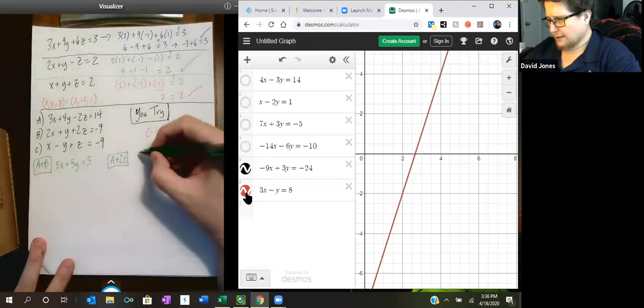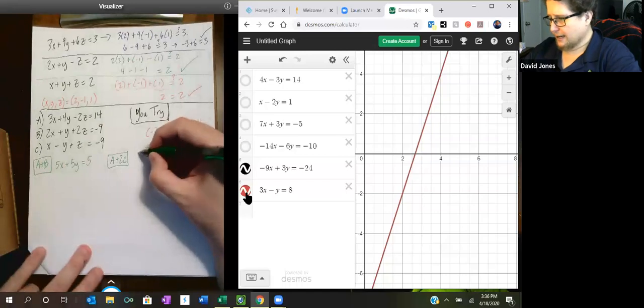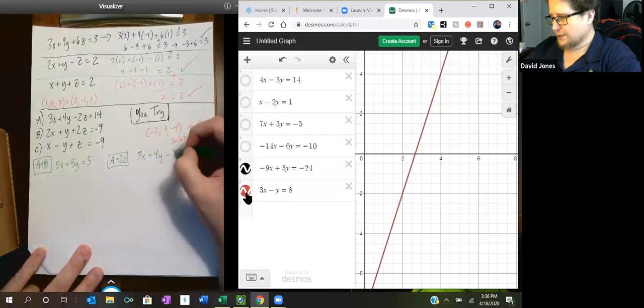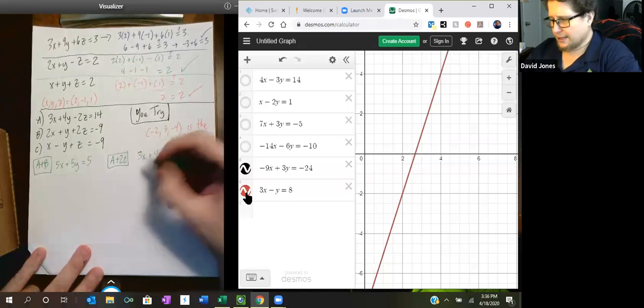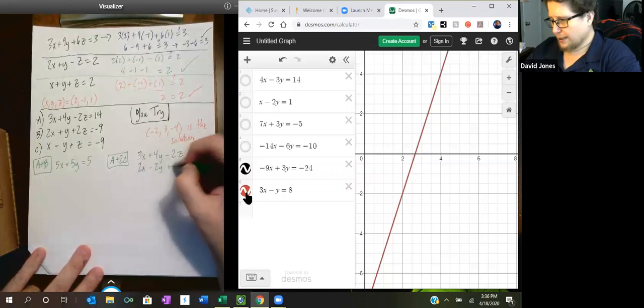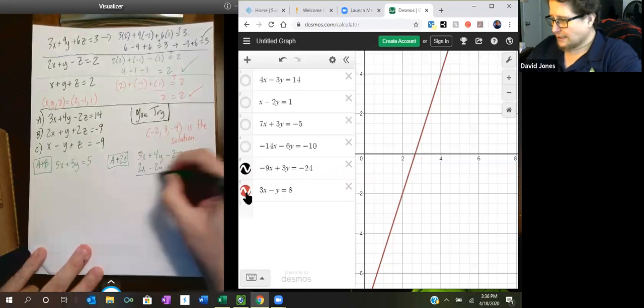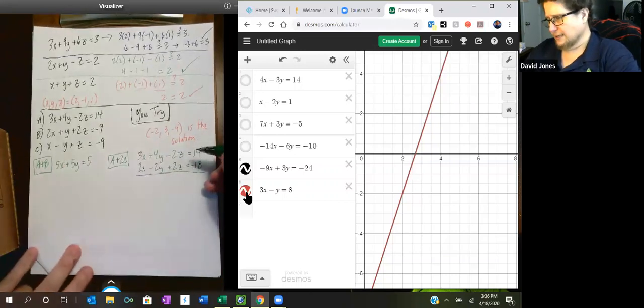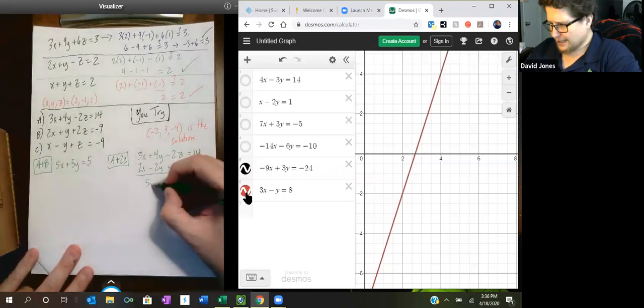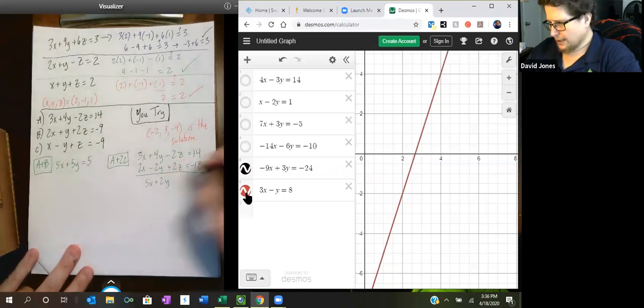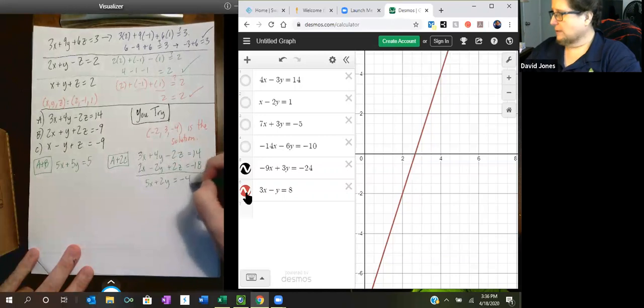Maybe I'll write this out because they're not already written as such. So we've got 3x plus 4y minus 2z equals 14. 2 times C is 2x minus 2y plus 2z equals negative 18. And now when I add them, I get 5x plus 2y equals negative 4.